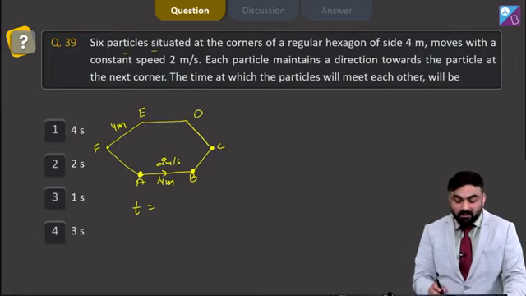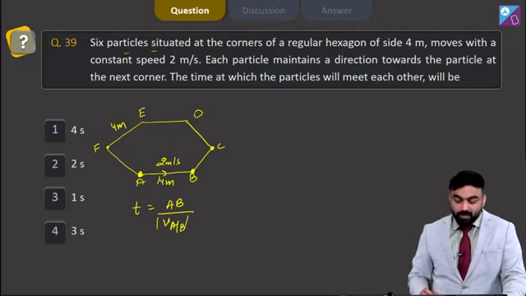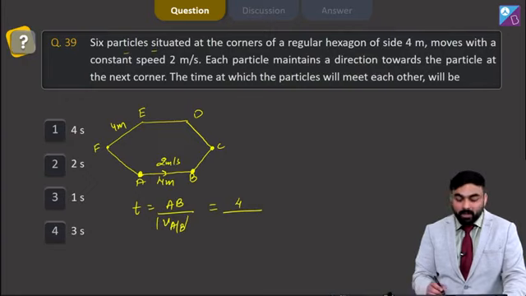Let's say A is traveling a distance AB over the relative velocity of A with respect to B. In the time when A covers the distance AB, it will be able to meet B if it is following a velocity relative to the velocity of B. So here AB is equal to 4, and we want to calculate the velocity of A with respect to B.